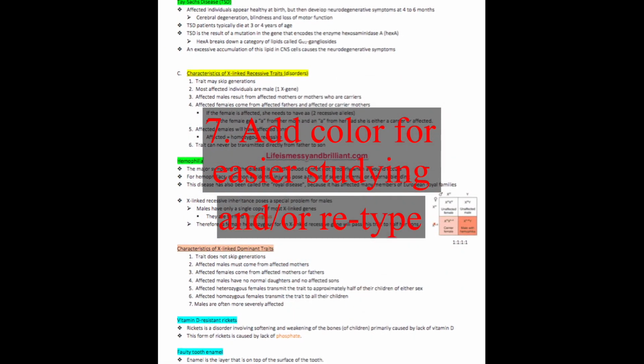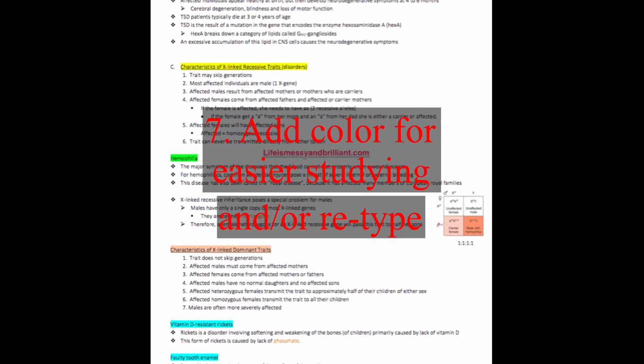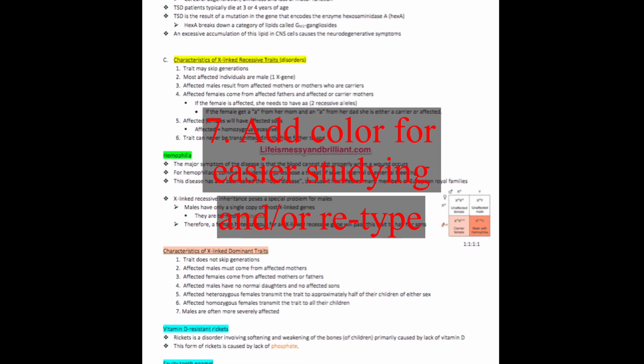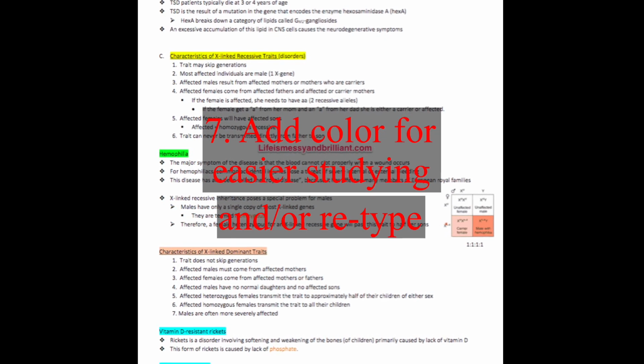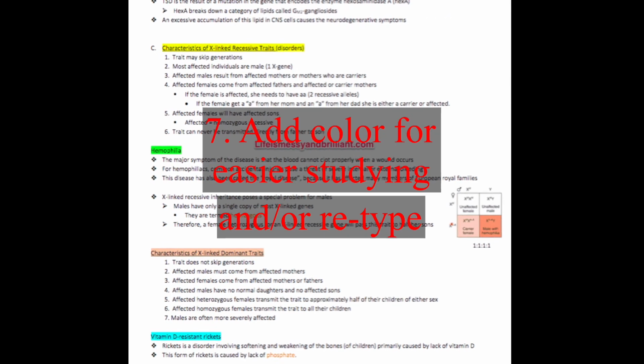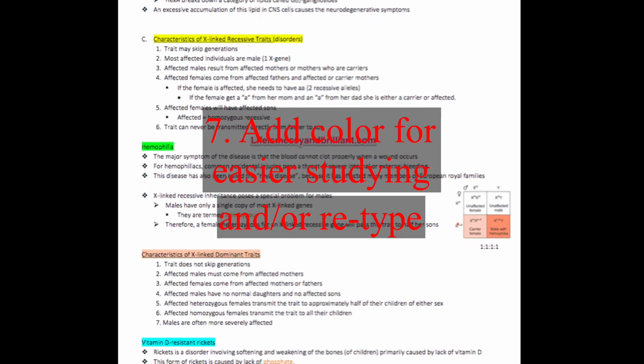Another option, and one that is highly recommended by a lot of teachers, is to go back and type up your notes. This gives you an opportunity to make them more aesthetic if you like that. It gives you an opportunity to do groupings and numberings that maybe you didn't notice were happening during class.